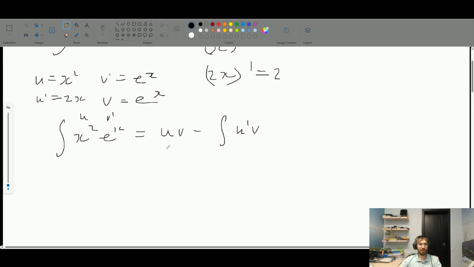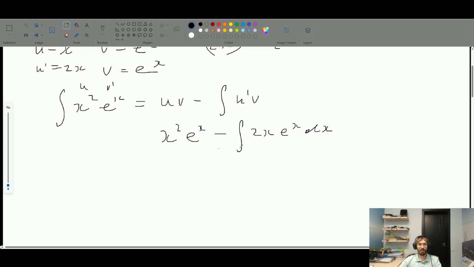So what will be u? u will be x squared, e to the power x is v, minus integral, and then u dash is 2x, and v is e to the power x dx. Did it become simpler? Well, on the one hand not, because we still have a pretty difficult integral. On the other hand, yes, because now we have a lower power.